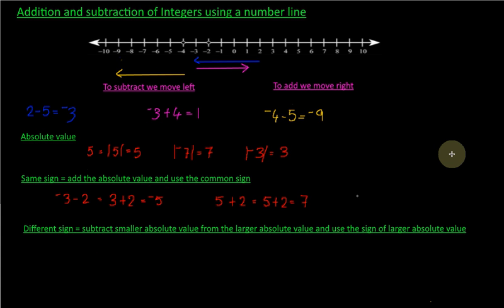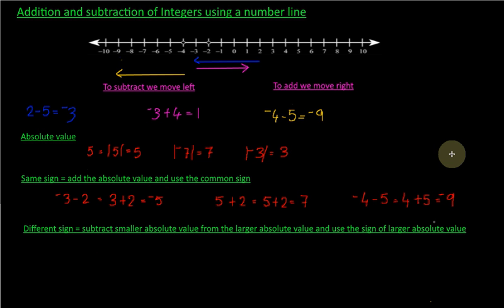Let's check one more example, that is minus 4 minus 5. The absolute value of minus 4 is 4, the absolute value of minus 5 is 5, so I can add them since it is the same sign. 4 plus 5 is 9 and the common sign is negative, so my answer is negative 9.